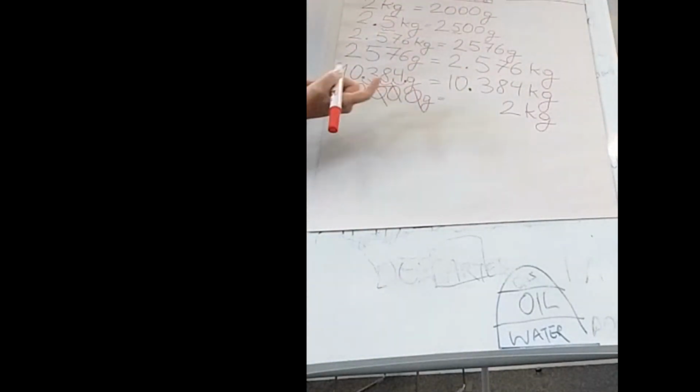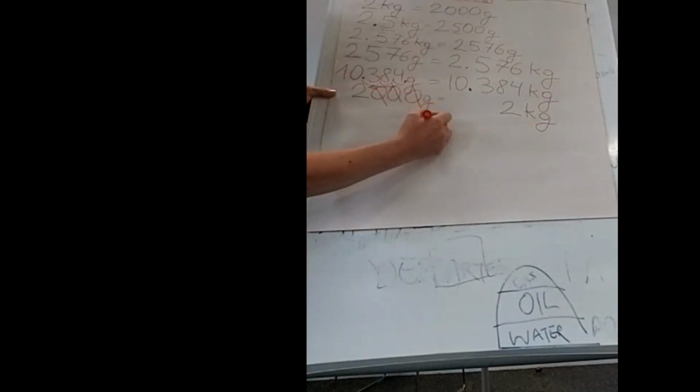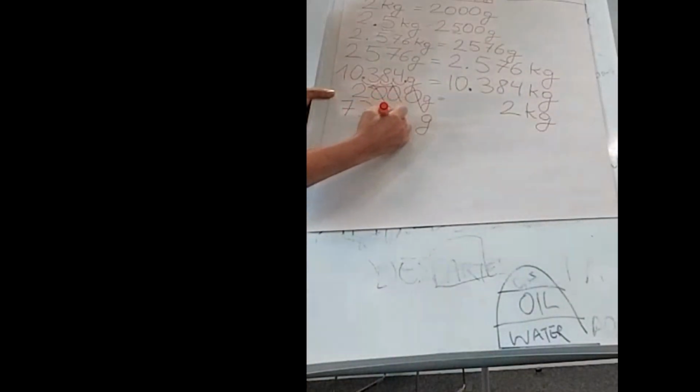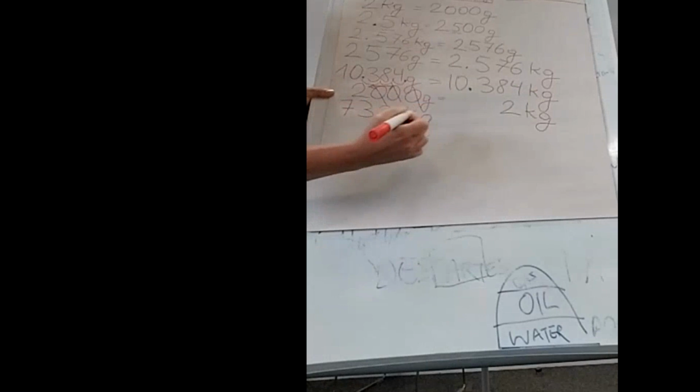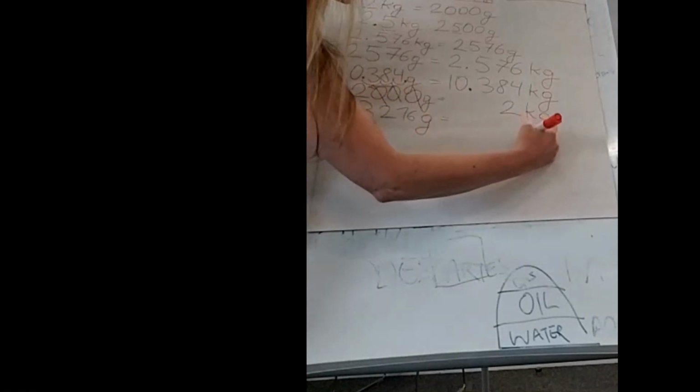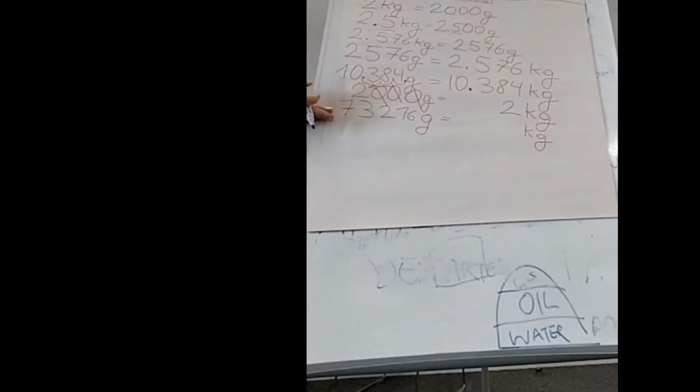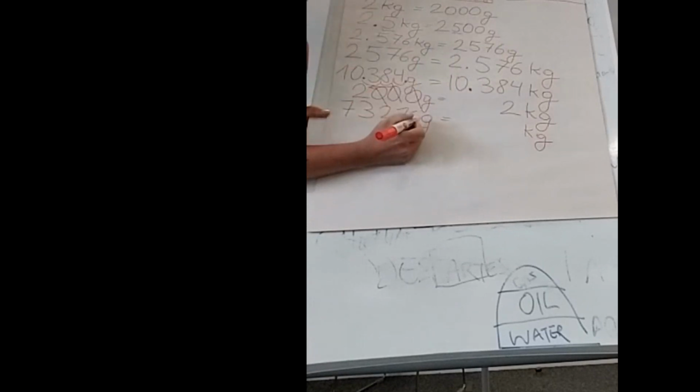Now let's see another small unit. 73,216 grams equals how many kilograms? Where is our dot? First, where is it? There. If you can't see it, it's always at the end. Now we move it how many times? 3 times.